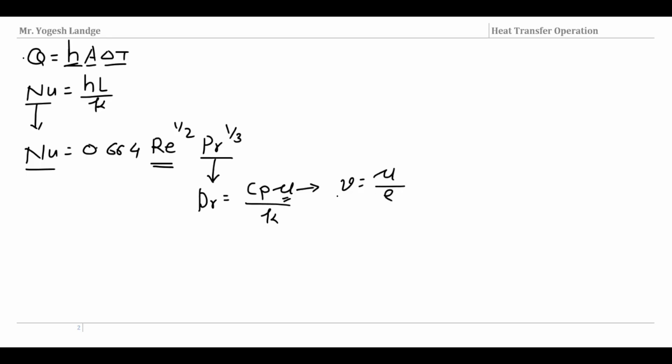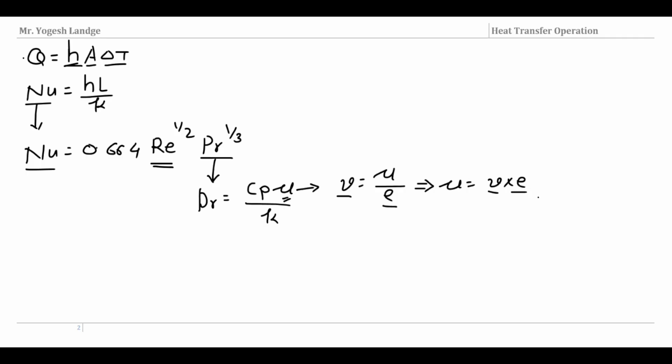Now here we know the value of the kinematic viscosity, as well as the density. So with the help of this, I can easily get the value of mu, which is nu into rho. Both values are mentioned in the data.